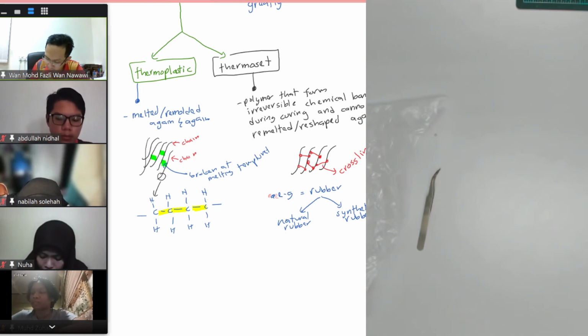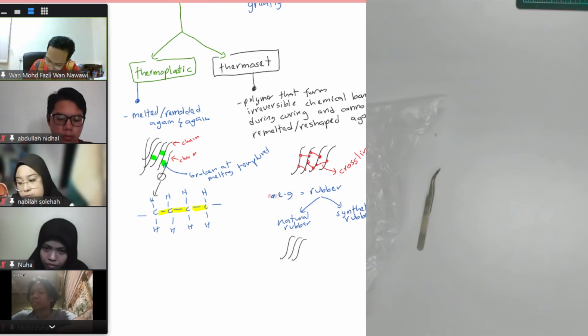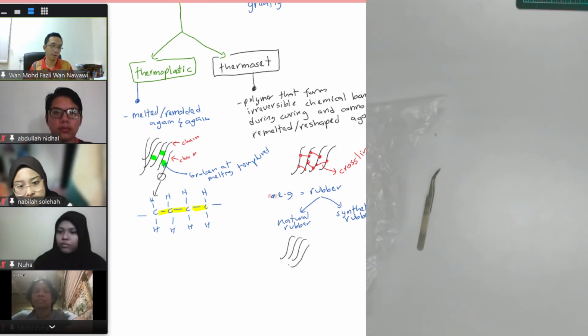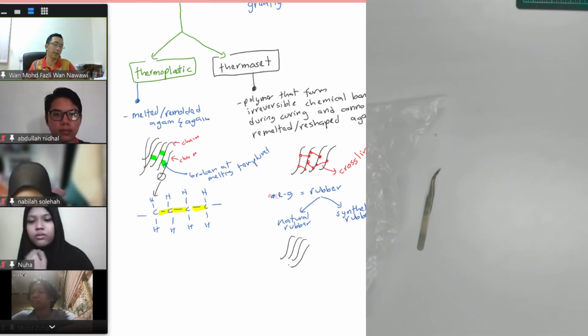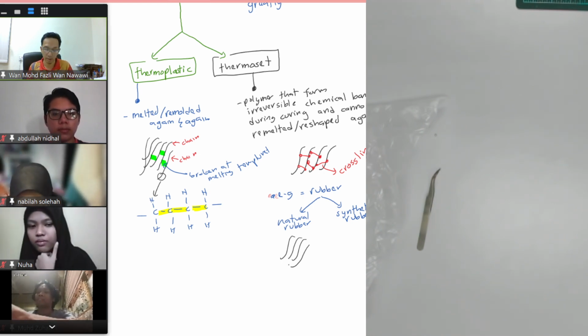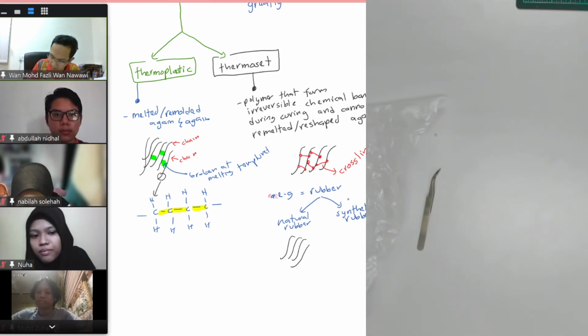Natural rubber is a natural polymer. You heat it, it melts, so you can reshape it again and again. That's natural rubber. What I want to focus on here under the Thermoset is synthetic rubber.